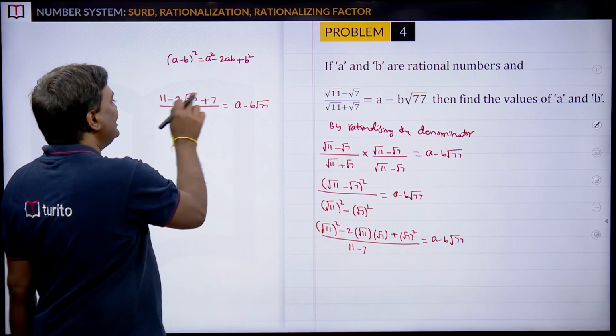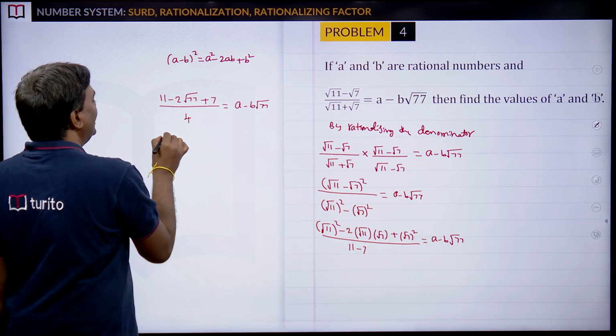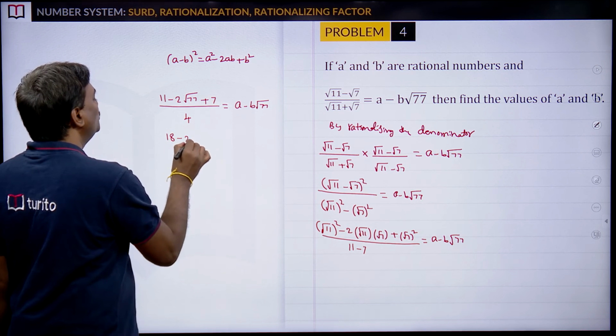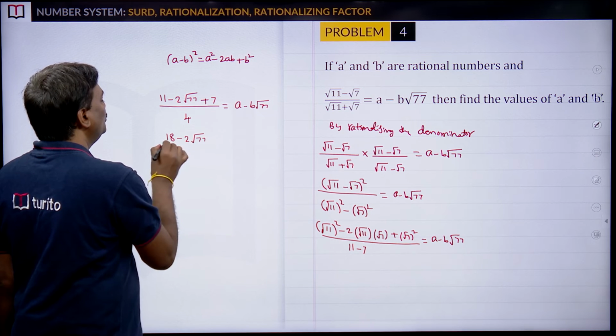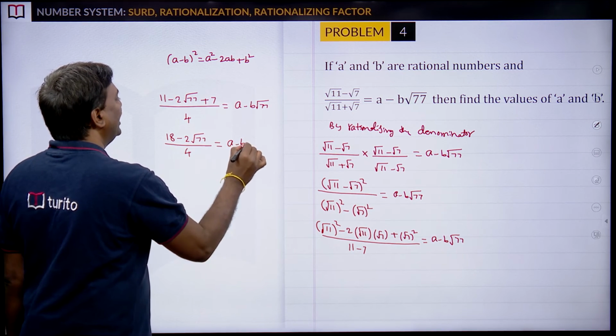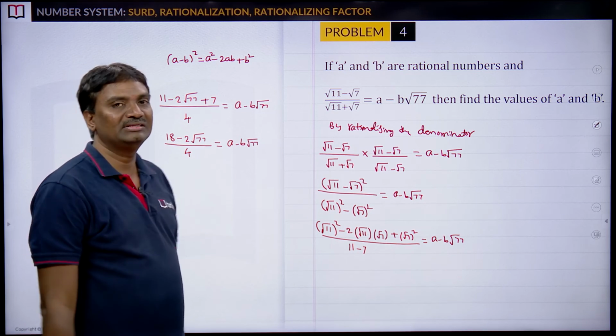Now, in the numerator 11 and 7 are rational numbers. By adding them, you will get 11 plus 7, 18, minus 2 into root 77 by 4 equals a minus b into root 77.